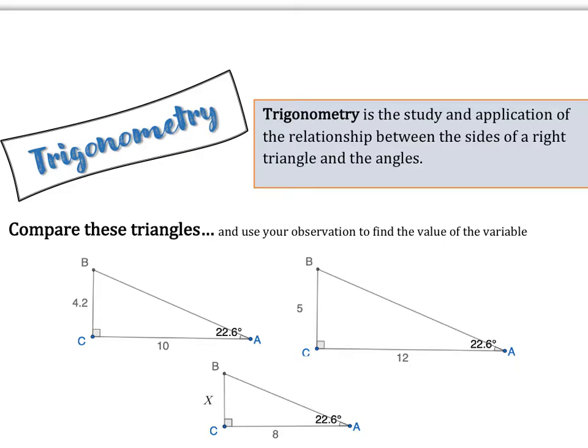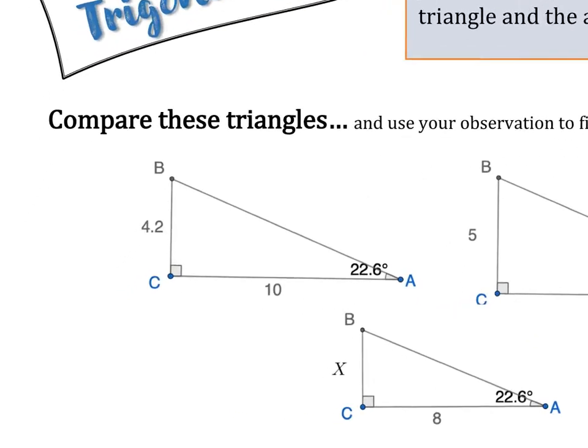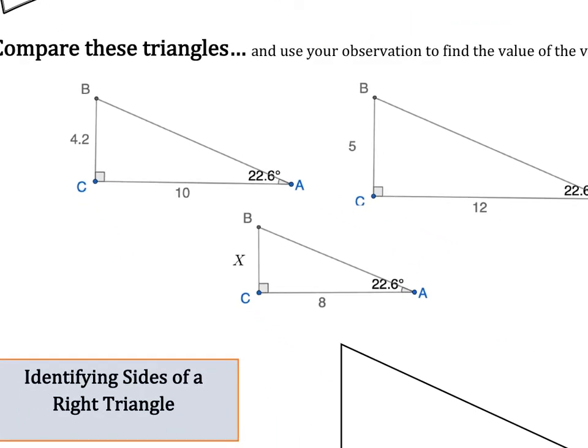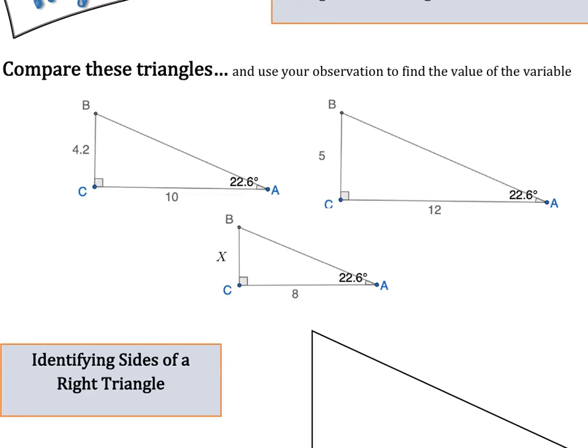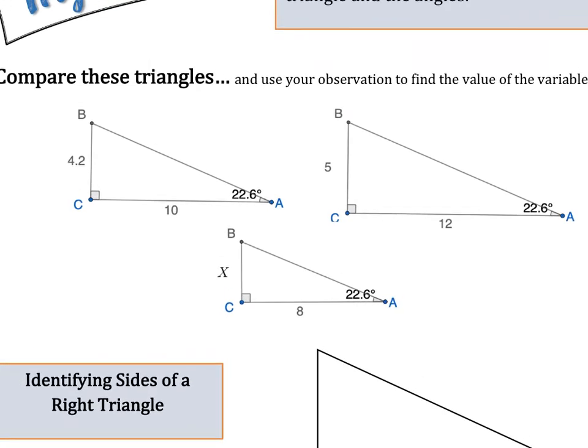All right. So let's look at these here. Here we've got some triangles. What do we observe about these triangles? Well, they all have right angles, and they all have a 22.6 degree angle, just like the example we had a few minutes ago. So since they have right angles and 22.6, these guys are similar, right?